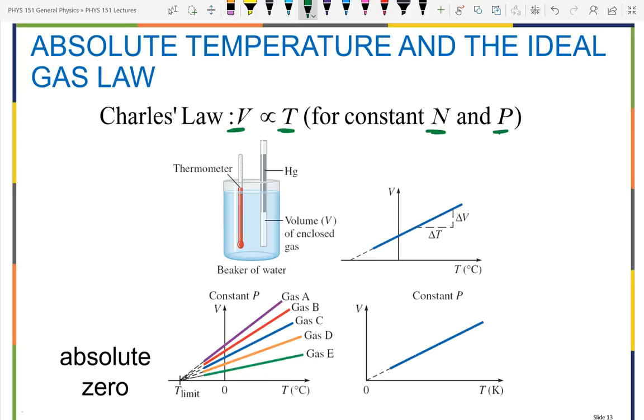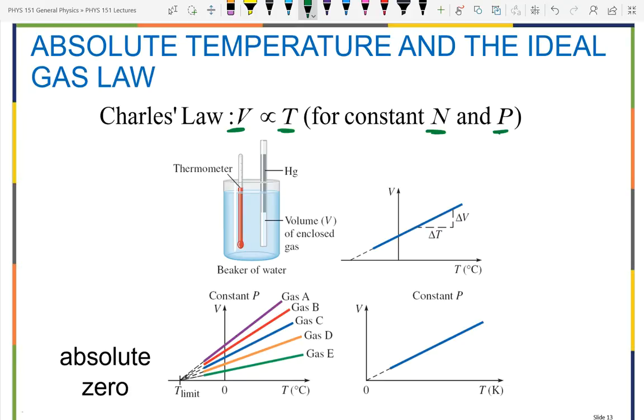What units do you suppose that temperature has to be in? In kelvins. Because it's the actual temperature, it has to be in kelvins. It's not the change in temperature, it's the actual temperature. So he found that the volume was proportional to the temperature.